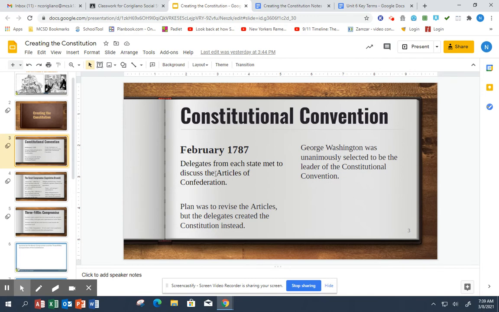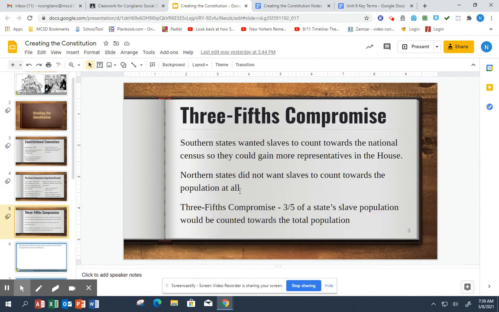Using this slide as an example, delegates from each state met to discuss the Articles of Confederation. The plan was to revise the Articles, but the delegates created the Constitution instead. George Washington was unanimously selected to be the leader of the Constitutional Convention. So you work your way down and then you move over to the right, like two columns in a book.